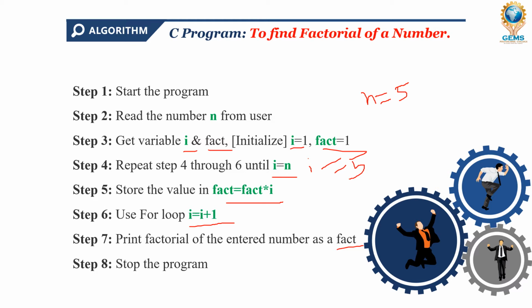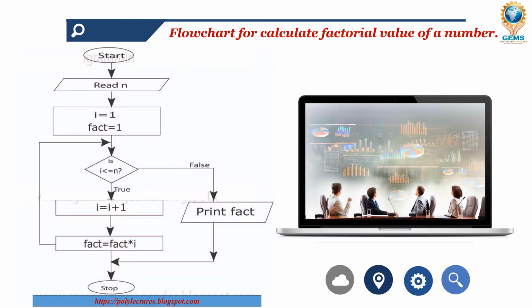And step 8 is the end of the program. So this is how our algorithm works to find the factorial of a given number. I hope, my dear students, it's clear for you. Now we will see the flowchart. Based on the algorithm, I prepared the flowchart.